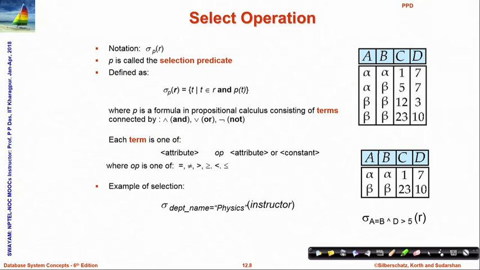So, you can see that here we have a more complex propositional formula, where there are two terms, A should equal B and D should be greater than 5. So, in the selection result, both of these conditions must be satisfied by all the tuples which feature here. So, this is the first operation that relational algebra has, the select operation.